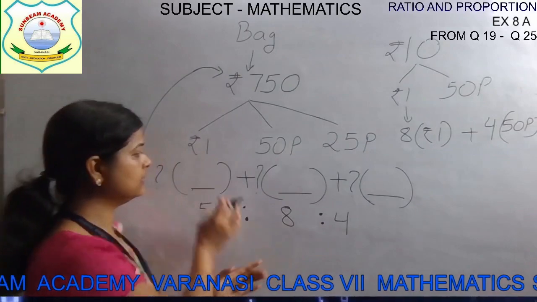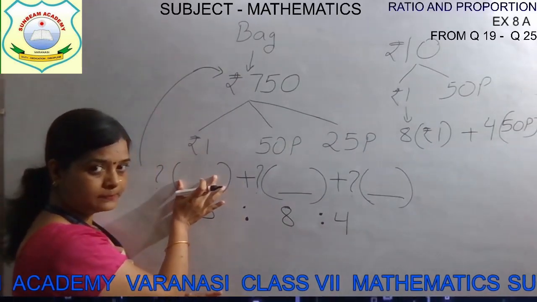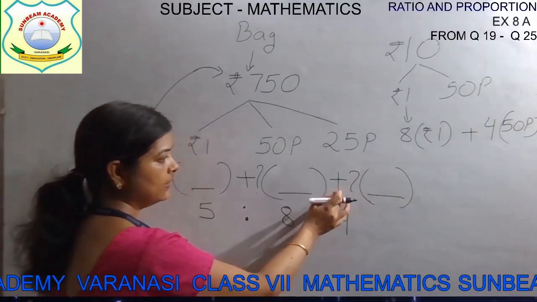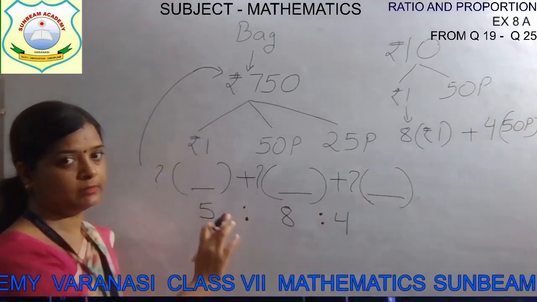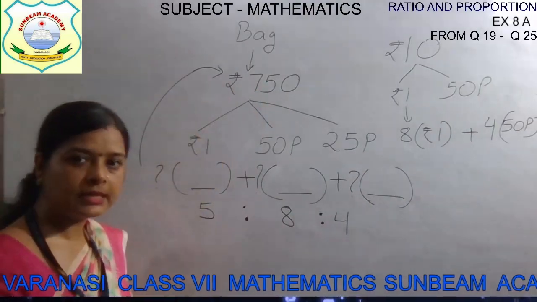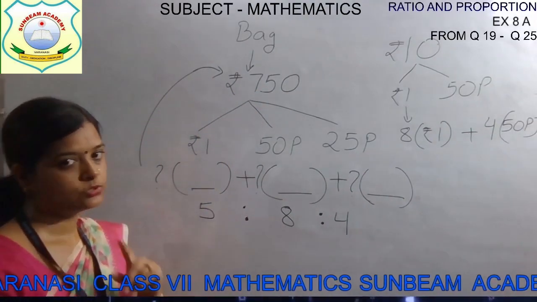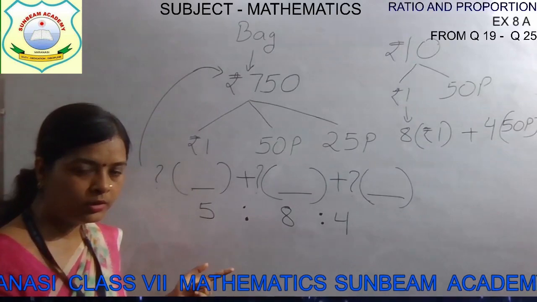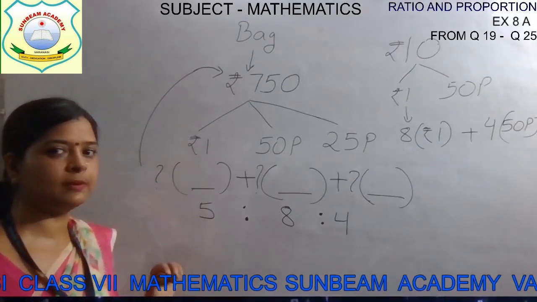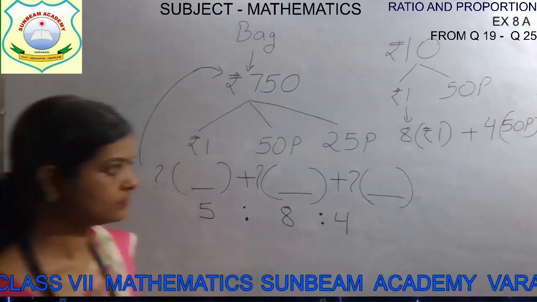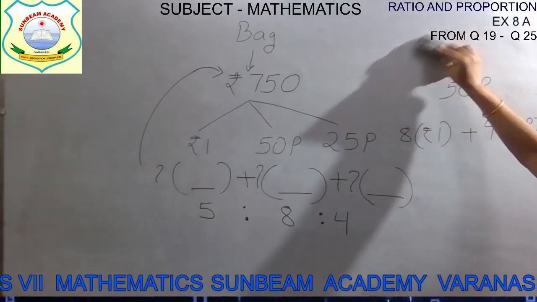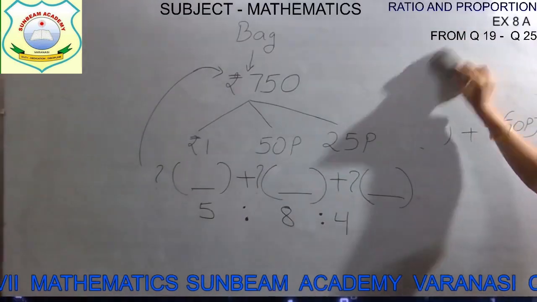Then we multiply with the denomination, and when we add them all together, it will be equal to 750. So I am erasing the board and writing it in a proper way. This is just an explanation part. Let me erase this side first. Meanwhile, you can see this.